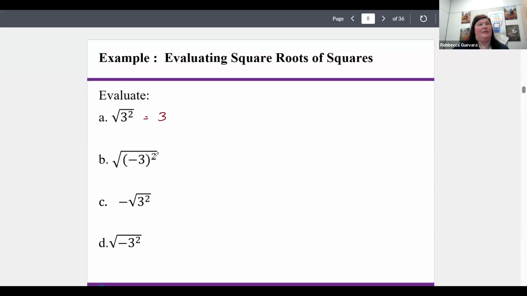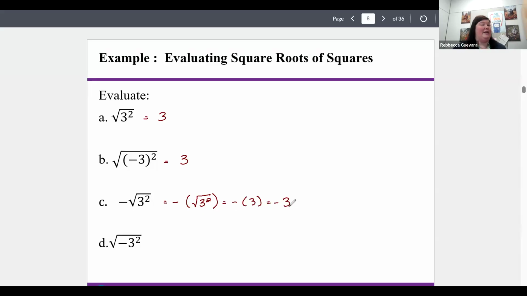The square root of (-3) squared, like we said before, would also be 3. Now, negative square root of 3 squared would just be, there's a negative there. So we know the square root of 3 squared is just 3. So that's negative times the 3, or just -3.